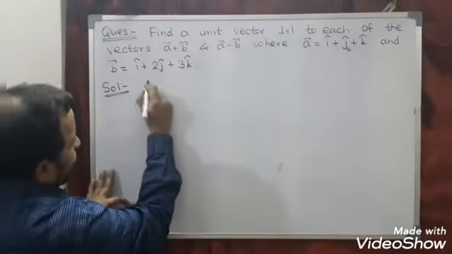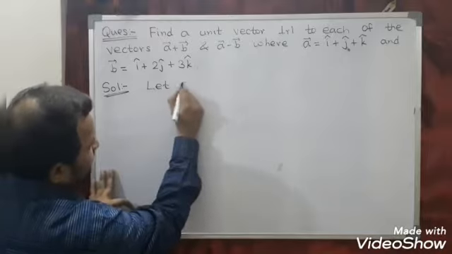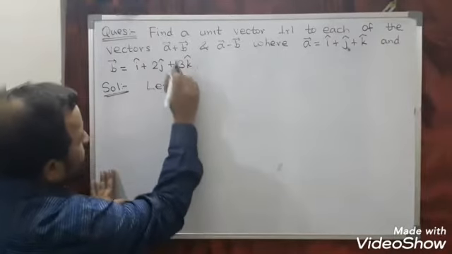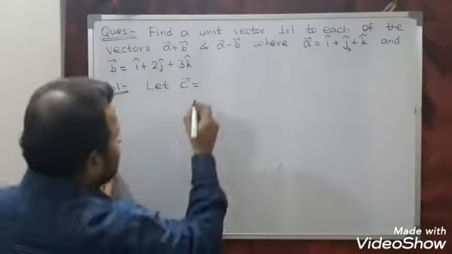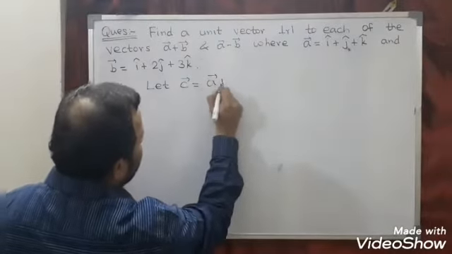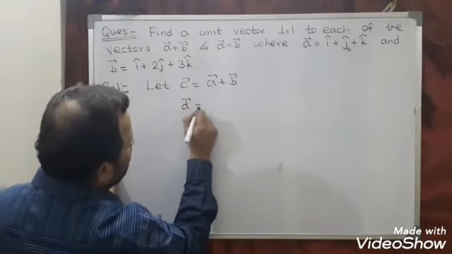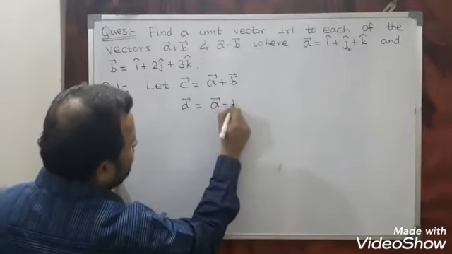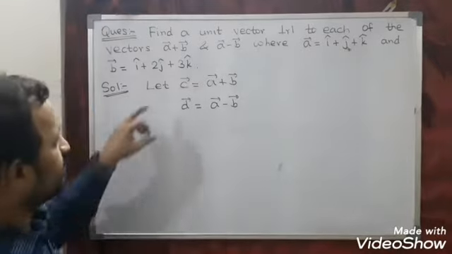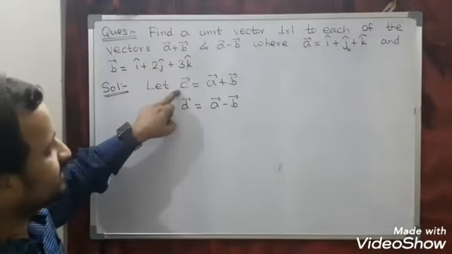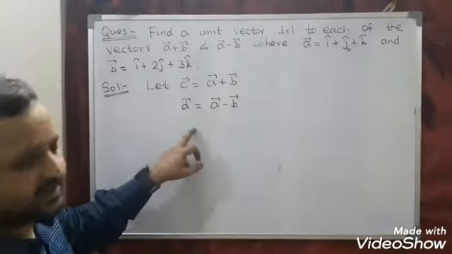So let C vector be equal to A plus B vector and D vector be equal to A vector minus B vector.